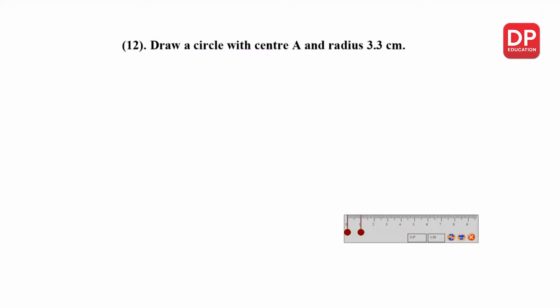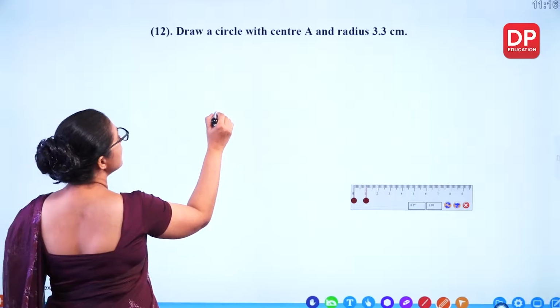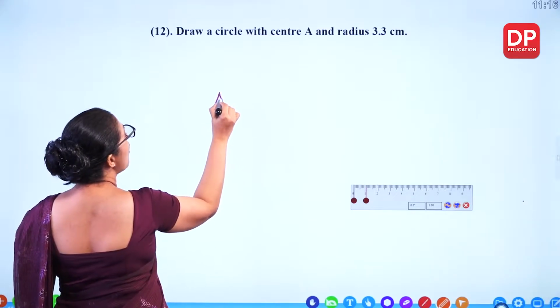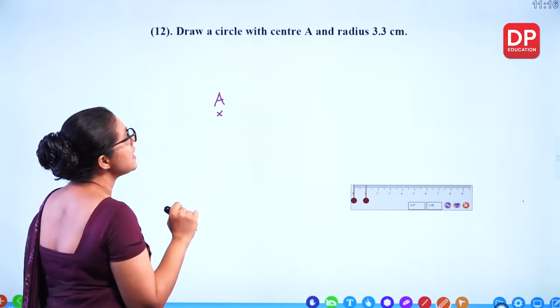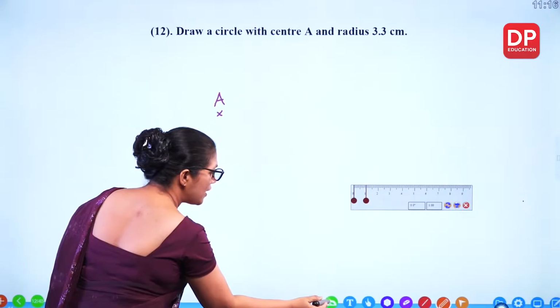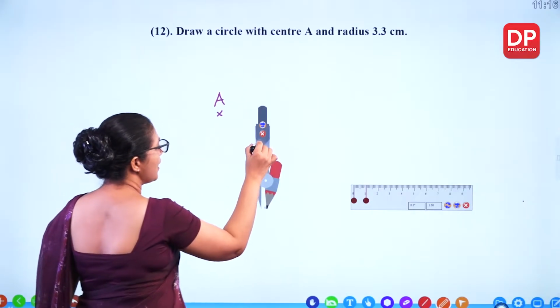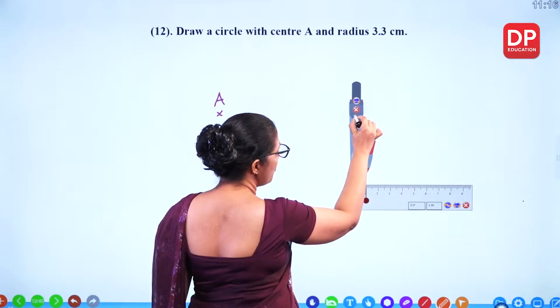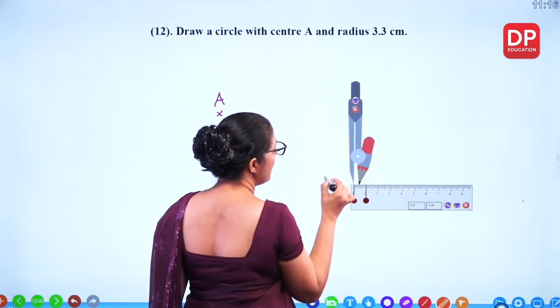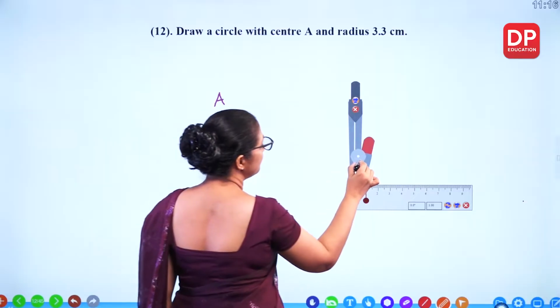Draw a circle with center A and radius 3.3. So we are practicing how to draw circles using the compass. Point A, radius 3.3. Now again, keep the compass on top of the ruler. Now take 3.3.